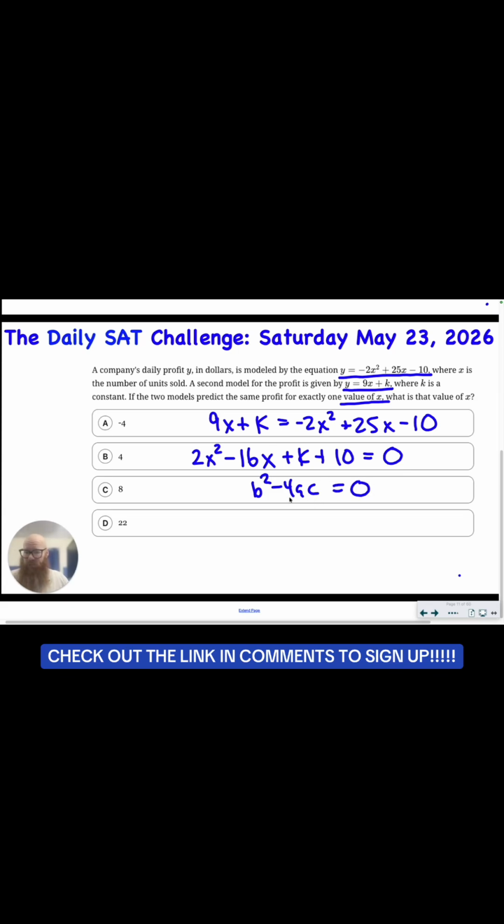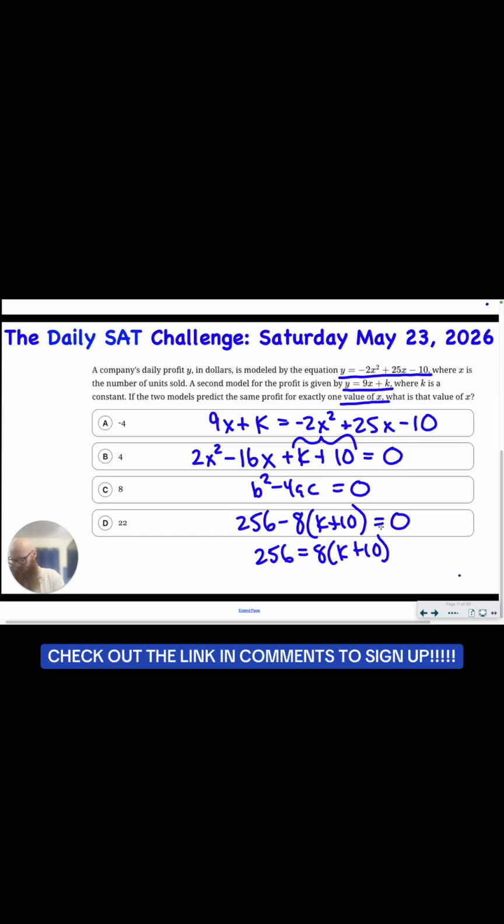So b is negative 16, and 16 squared is 256. Now 4 times a is 8, and c is this whole constant, k plus 10. So 256 equals 8 times k plus 10.